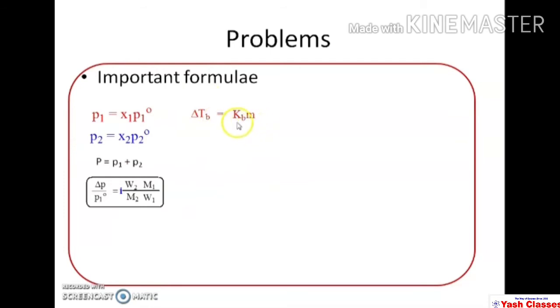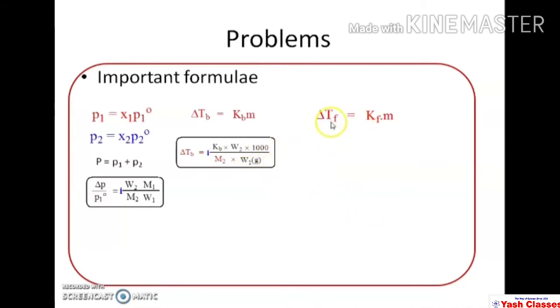Kb is the ebullioscopic constant, m is molality. Delta TB also is equal to i, the van't Hoff factor, into Kb W2 1000 upon M2 W1. W1 is in gram.